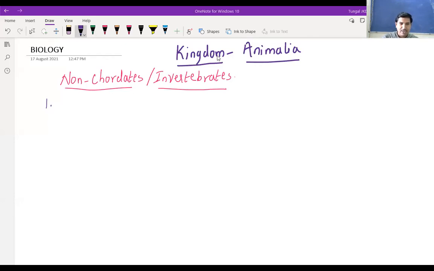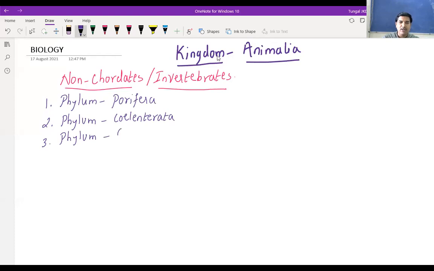So the first phylum is Porifera. Second phylum, Coelenterata. Third phylum, there is a new phylum, Ctenophora.